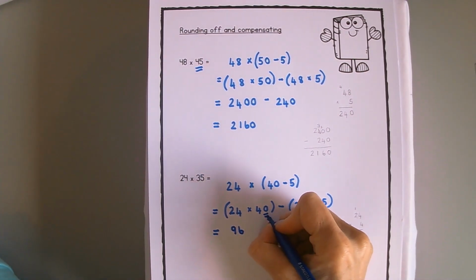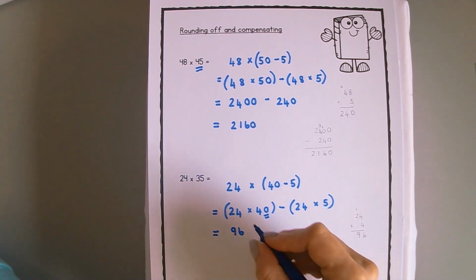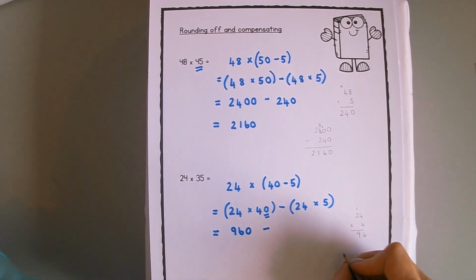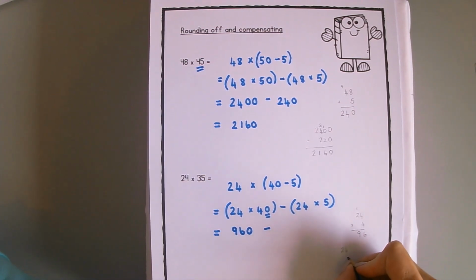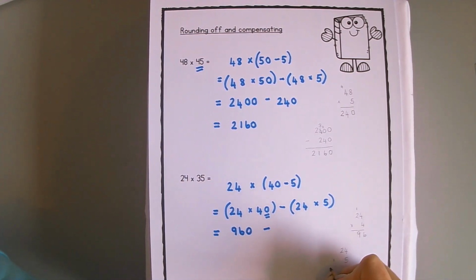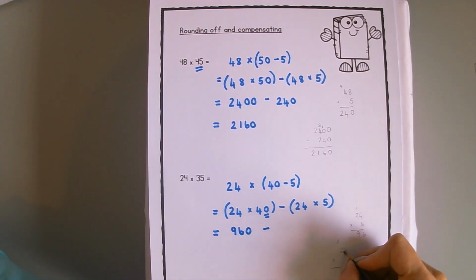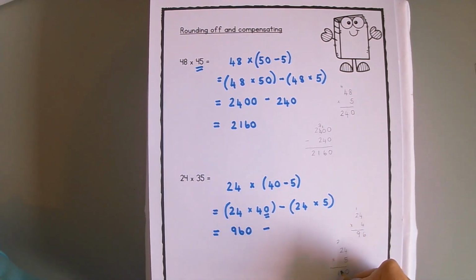But because I'm timesing by 40 with a 0, I'm going to give the 0 to this one over here and make it 960. We're going to minus, and we're going to do a little sum again, just so that we are 100% sure we're getting this right. 5 times 4 is 20. 5 times 2 is 10. Plus 2 is 12.